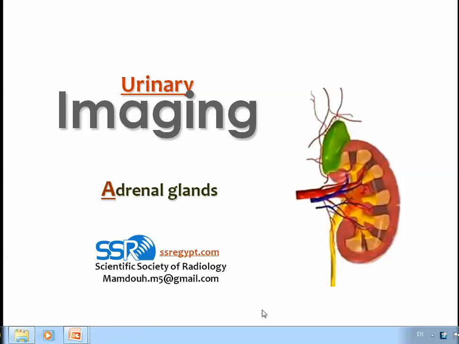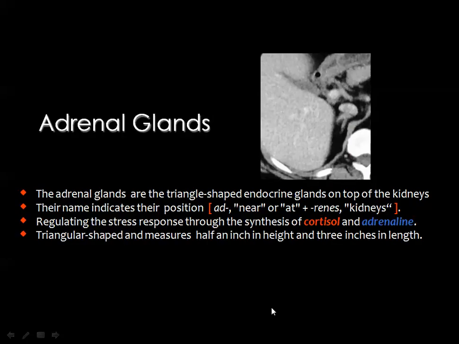Dear colleagues, this is one of the important lectures in abdominal imaging dealing with the adrenal glands. This is a very important subject since it will handle some of the particular issues concerning this very important gland.